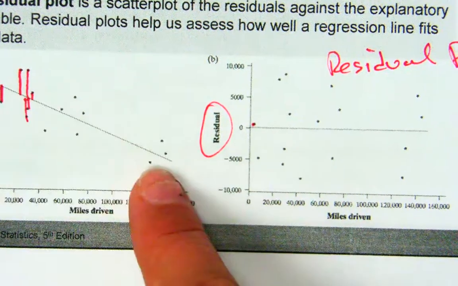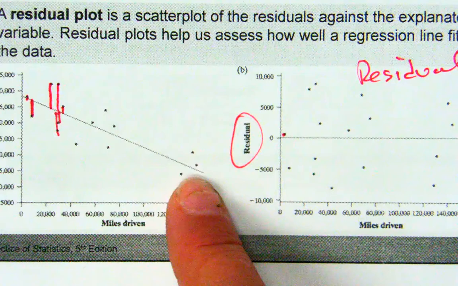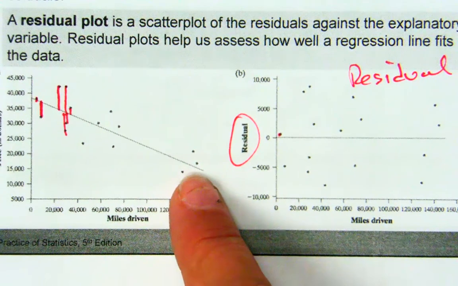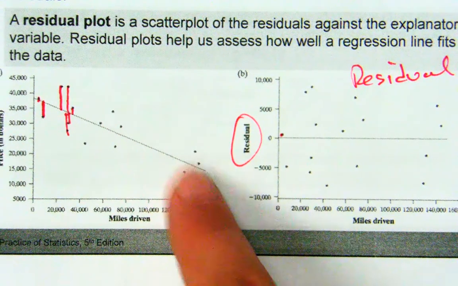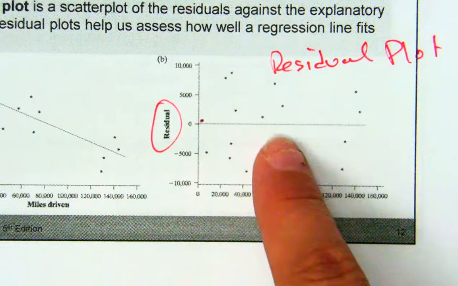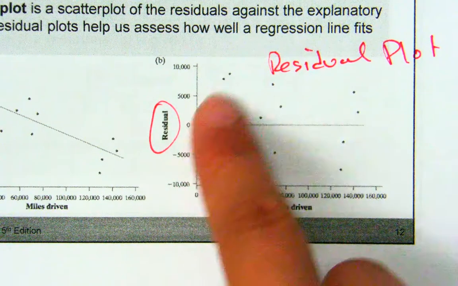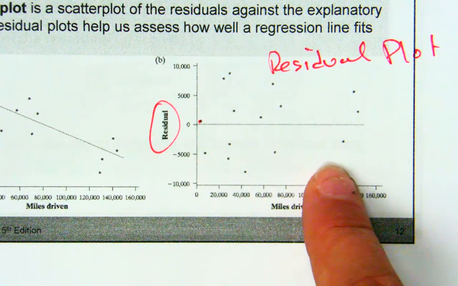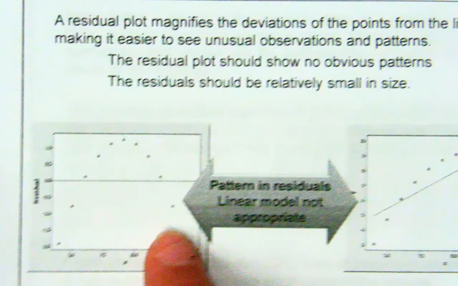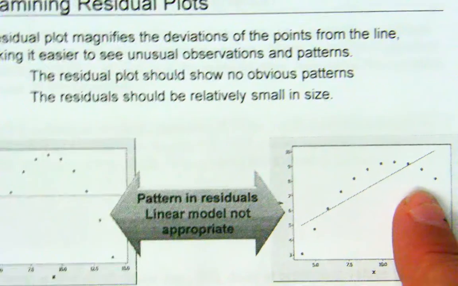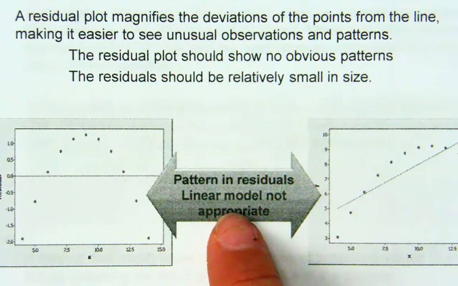If this is your scatter plot and you use the line, the way you know a line is appropriate for your data points is if your residual plot does not have an overall pattern.